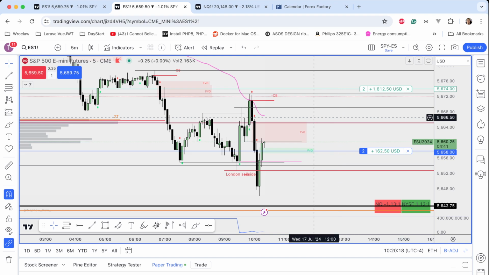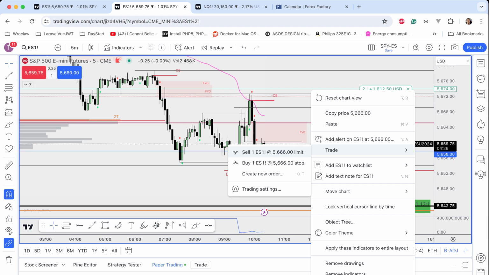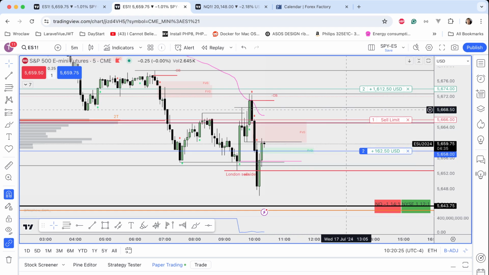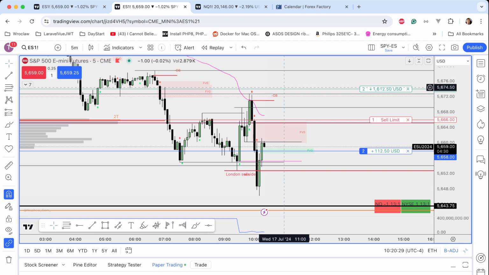So I need to sell one here. This is what I need to do. 66. Okay, well, I'm not bothered by the drop because I know that they're going to be buying that.